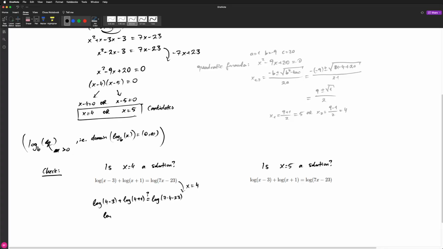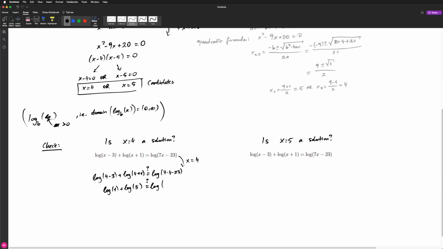So common logarithm of 1 plus common logarithm of 5, is it the same thing as common logarithm of 7 times 4, which is 28, and 28 minus 23 is just 5? And the answer is yes, because the common logarithm of 1, as a matter of fact for any base, is going to be 0. So we have a solution. What about 5?